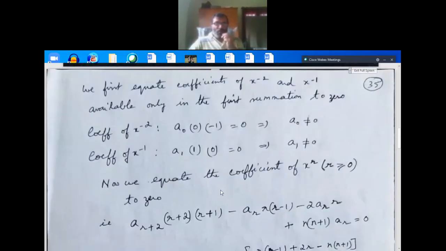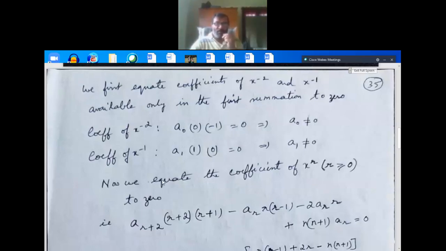Now we equate the coefficient of x power r, that is r greater than or equal to 0. R is positive; if it is negative, then it will be like x power minus 1 and minus 2.